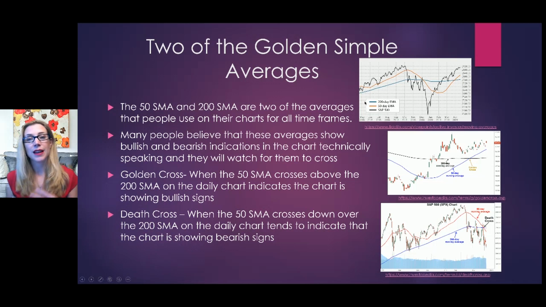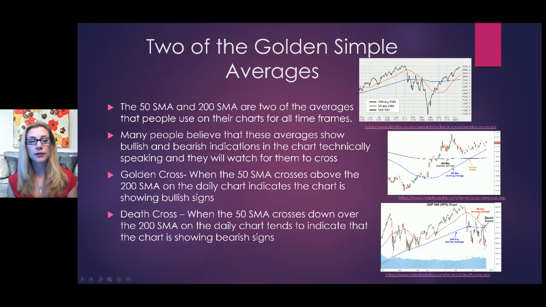And many people believe that, especially on a daily chart, these are going to indicate the direction of the trend overall. You can use them on smaller time frames for sure, and many times algorithms are written to buy or sell off of these simple moving averages, so it can help to have them on your chart as a target for support or as a target for exit.